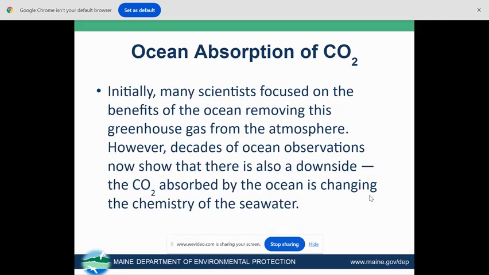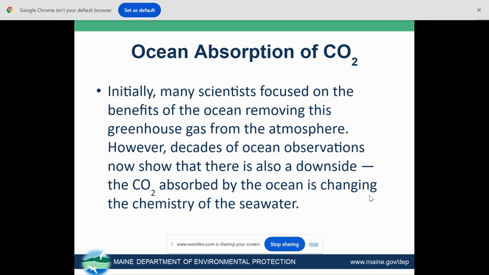All right, and at first, I remember when I was your age, scientists were happy about this. They said this is good. This is basically buffering the impact of carbon dioxide in the atmosphere because the ocean is removing some of this carbon dioxide.